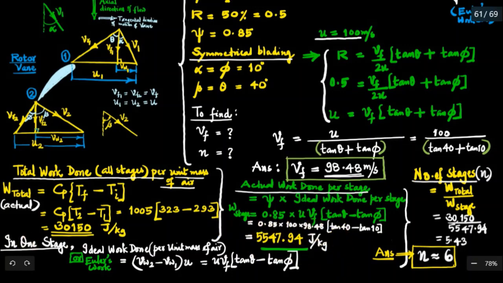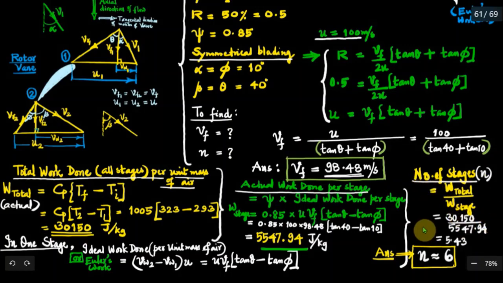So this is the work done, actual work done in one stage per unit mass of air, and this is the total work done collectively in all the stages per unit mass of air. So if you divide the W total divided by W in one stage, total work done in all the stages together divided by the actual work done in one stage, you will get number of stages.